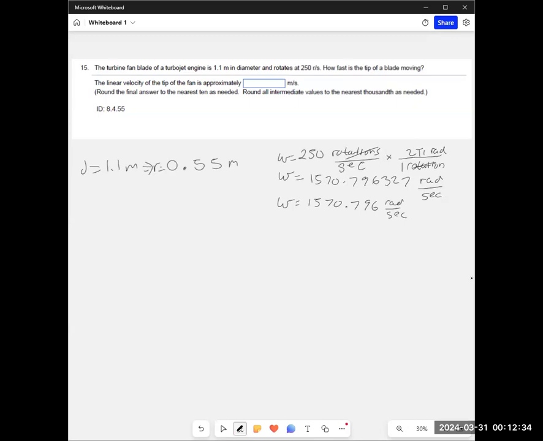And then linear velocity is going to be omega r, which is 1570.796 radians per second times a radius of 0.55 meters.